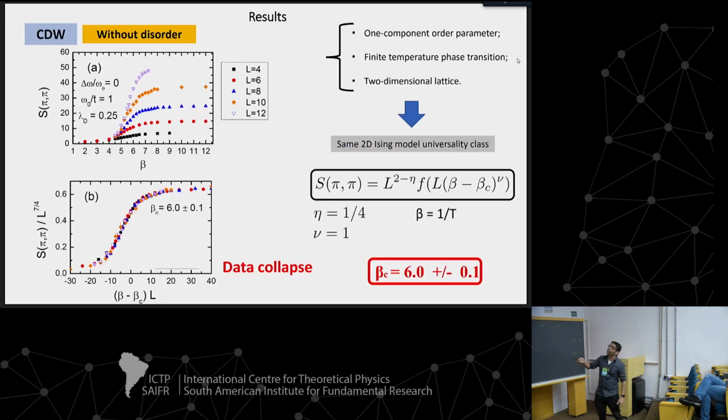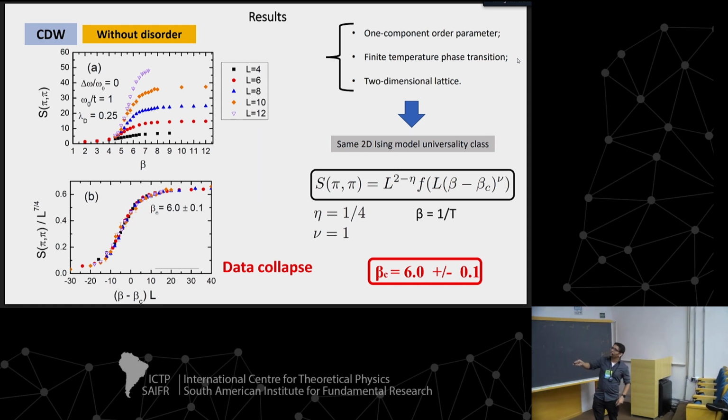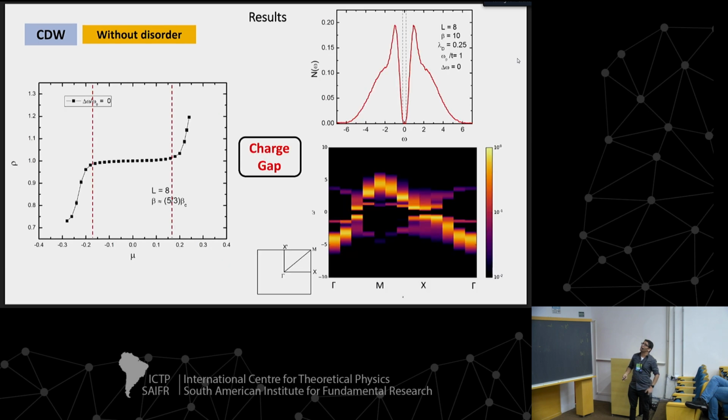And indeed, if you look at the charge structure factor, it increases a lot with the system size, which is a signature that we have a charge density wave. And since this has the same universality class as the Ising model, we can perform data collapse and obtain the critical temperature. So everything works here.